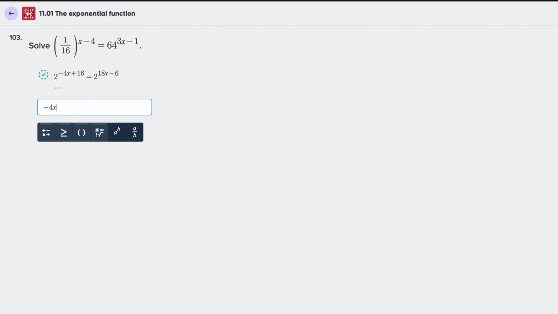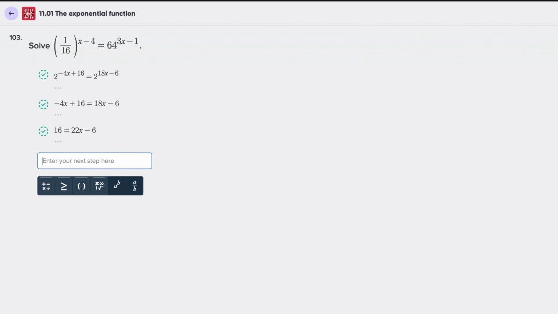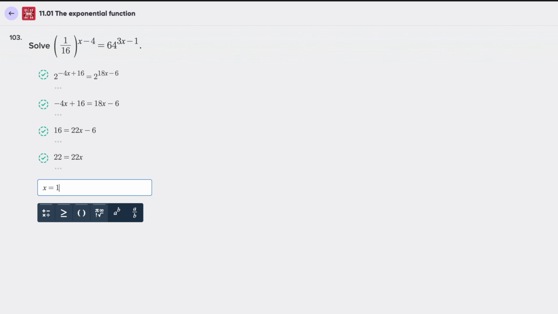Negative 4x plus 16 is equal to 18x minus 6. And 22 equals 22x, which means that x is equal to 1.